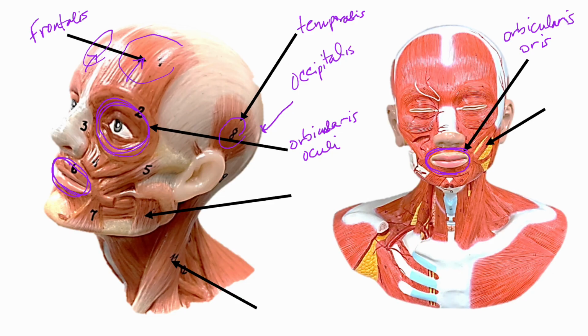And let's talk for a second. It may not be clear from the image because you can't see everything about where the origin and insertion of that muscle is, but it is involved in mastication or chewing. So when it contracts, it actually elevates and retracts the mandible. So it is involved in our chewing process.